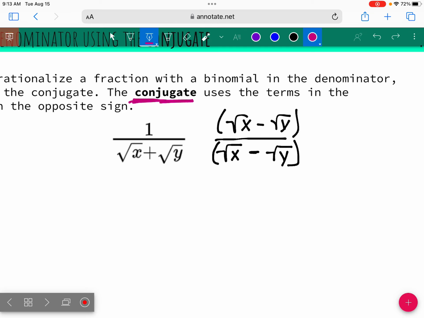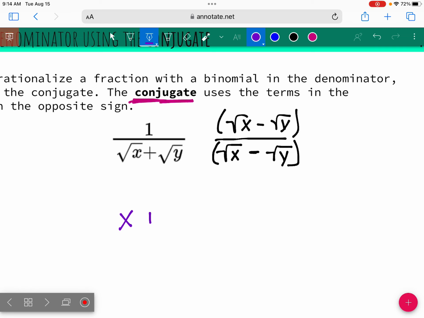Because if we look at that denominator, and we think about what happens when we multiply those two things together, we have square root of x times square root of x, which gives us just x, right?